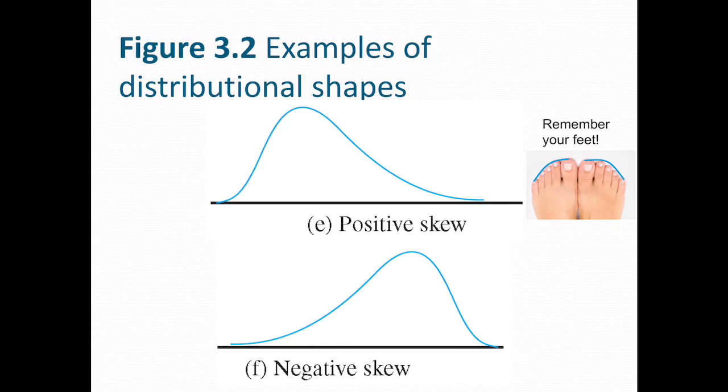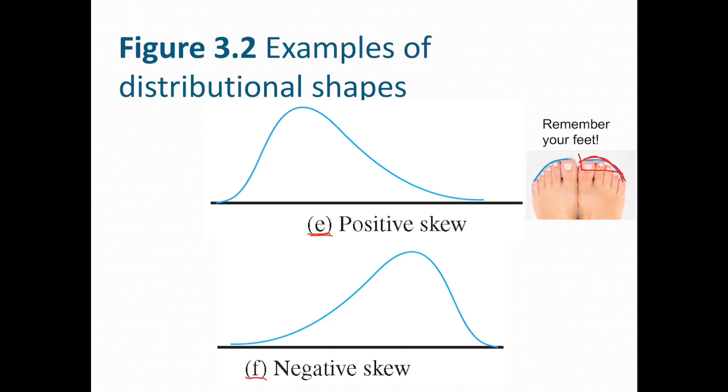So here we have another example. One thing to look at is positive and negative skews on shapes. As you can see here, letter E is a positive skew and part F is a negative skew. One thing to always remember, a helpful thing that I recently found out, is to look at your feet, right? Your right foot is greater towards the left of an axis, and then it curves down, kind of like a positive skew.